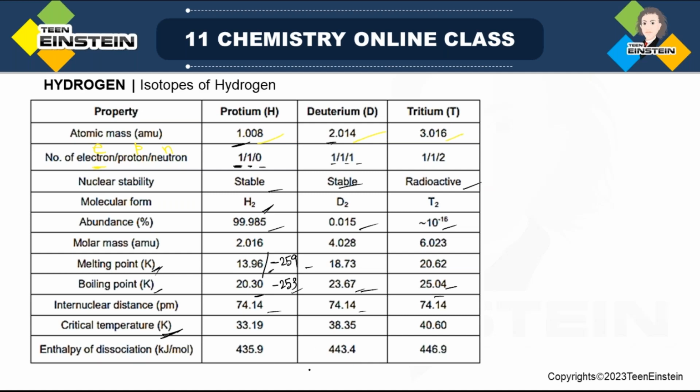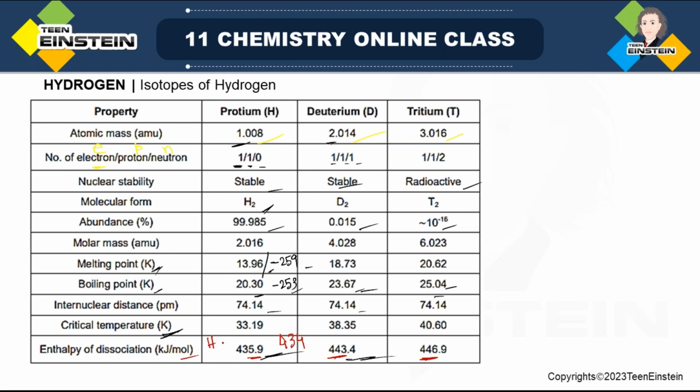Then we have enthalpy of dissociation. Notice this value very carefully. For hydrogen the value is 435.9, so around 436, in kilojoules per mole. But for D2 the value increases from 435 to 443, and for T2 the value increases even more.